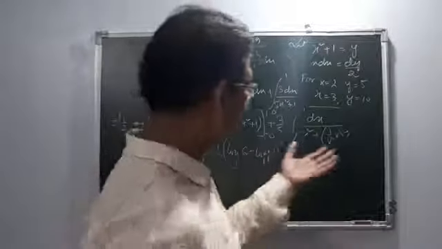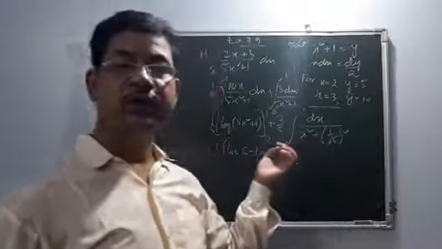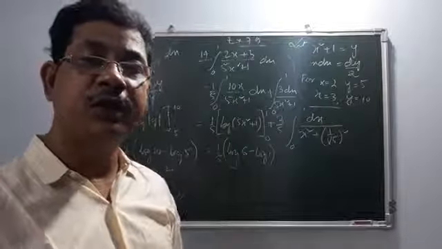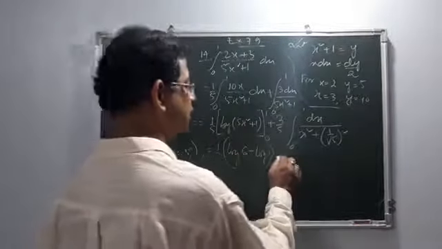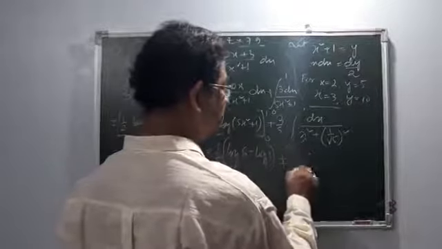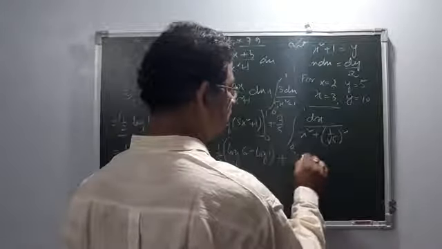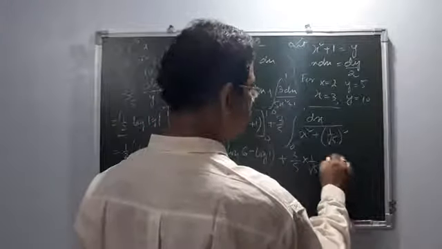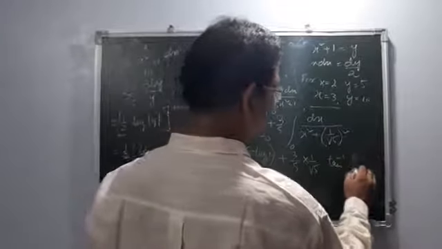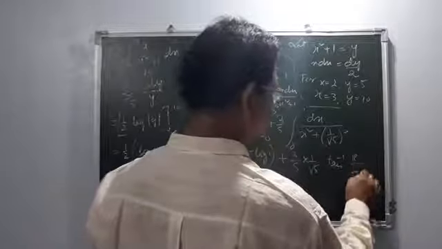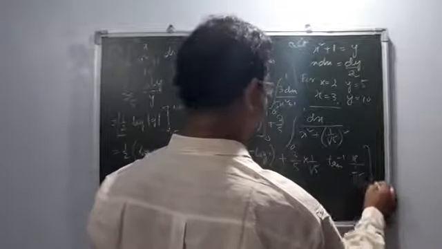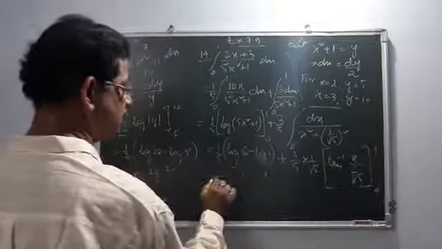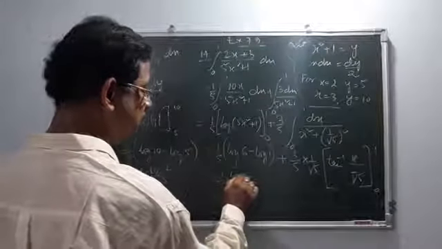Here is the formula: the integral of dx over x square plus a square is 1 by a tan inverse x by a. So it will be 3 by 5 into 1 by 1 by root 5, and tan inverse x by 1 by root 5, from 0 to 1. Log 1 is 0, so we get 1 by 5 log 6.